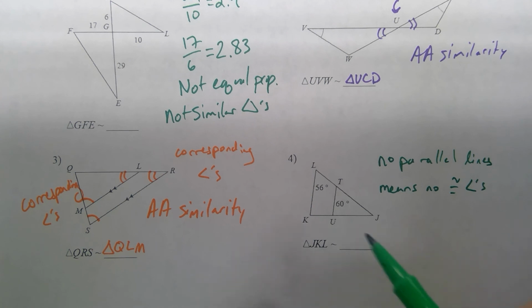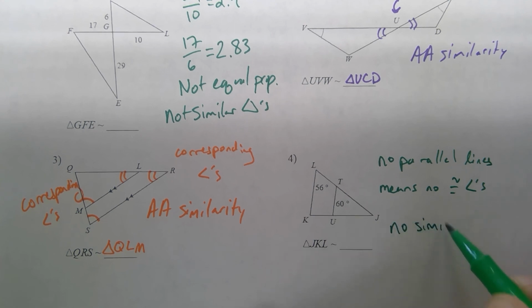Okay, so J is in both of our triangles, in the small triangle here and the big triangle here. But because I don't have parallel lines, there is no similar triangles. All right, and that will cover just our basic triangle similarity and building our proof toolkit.